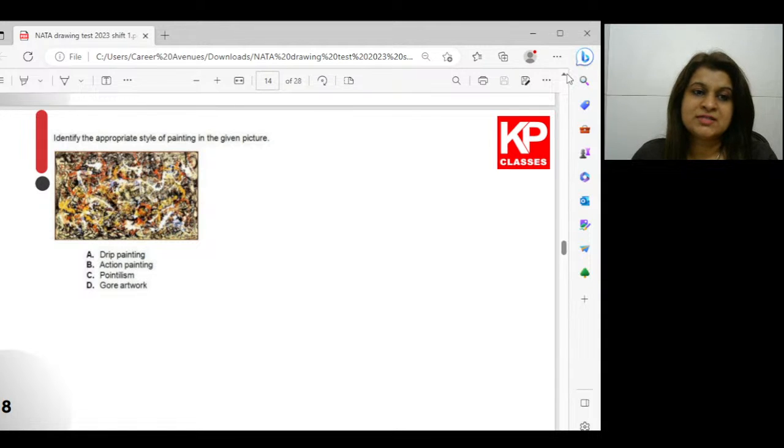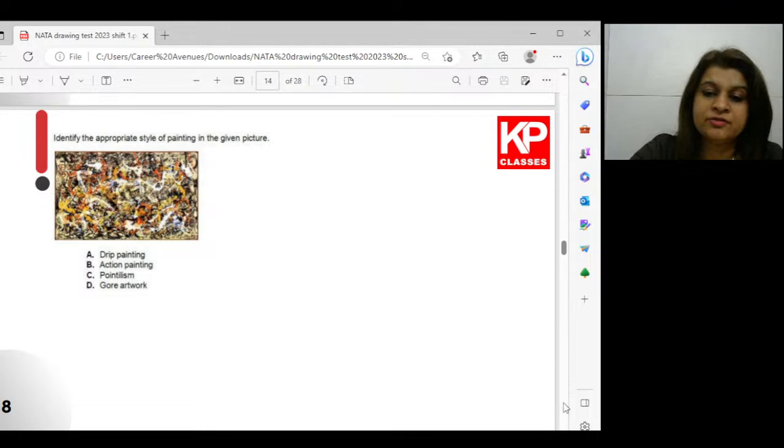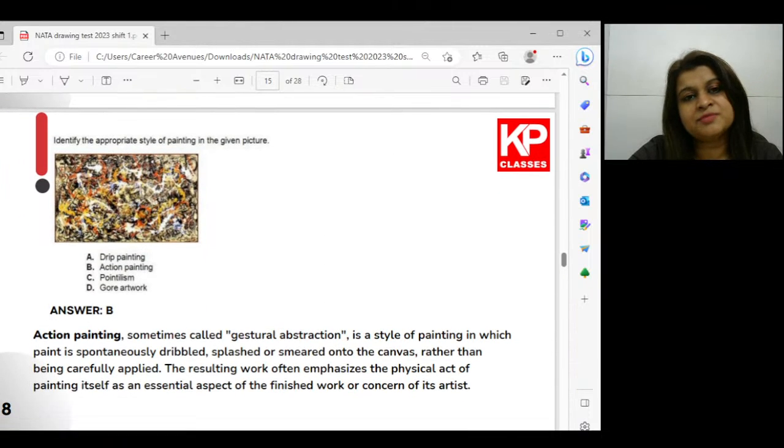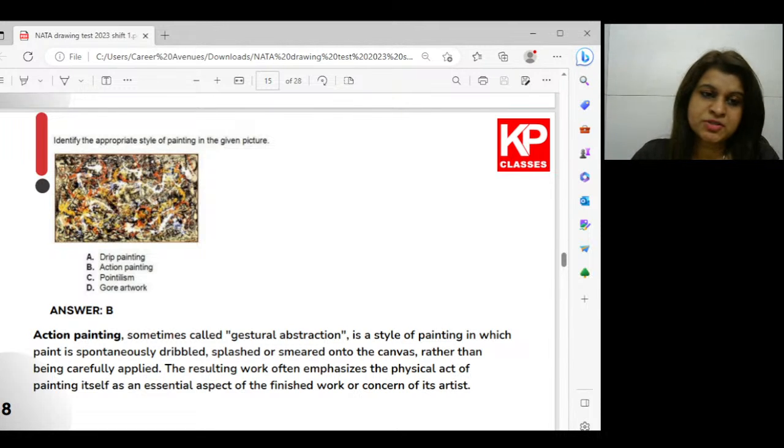You need to see the picture for a while and then look at the options. If you have studied different art forms and painting styles, then it becomes very easy to identify what it is.